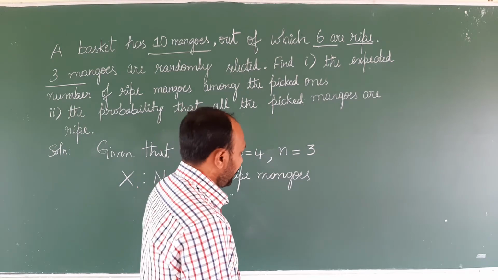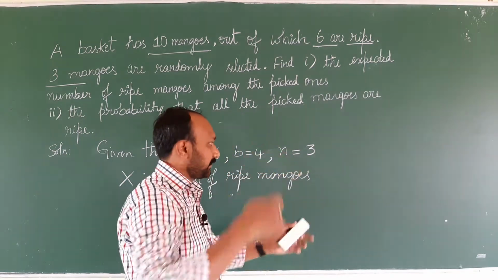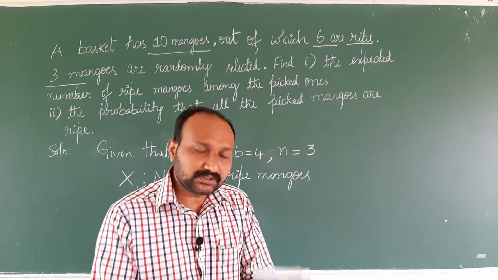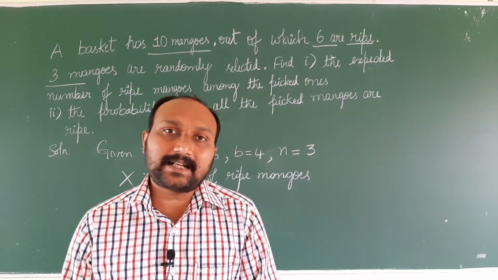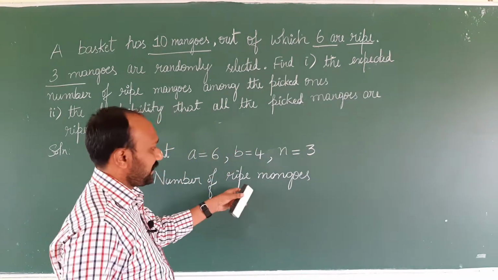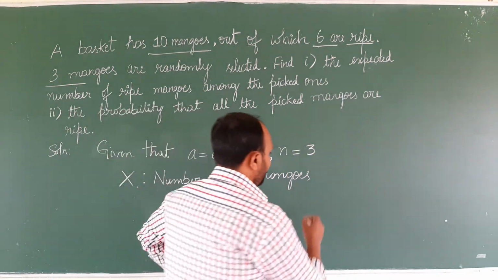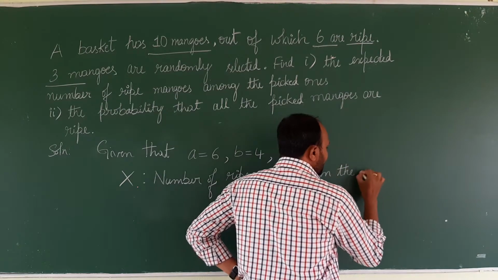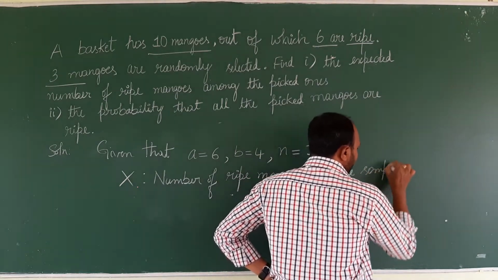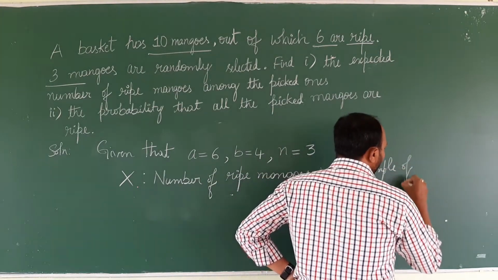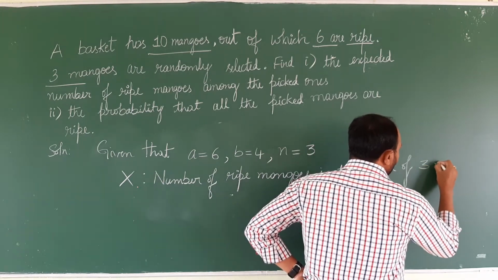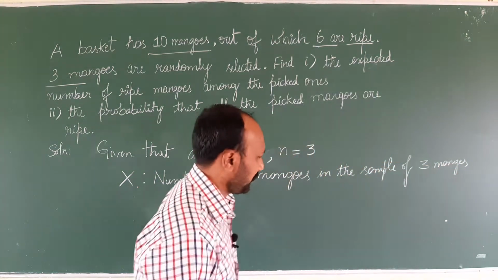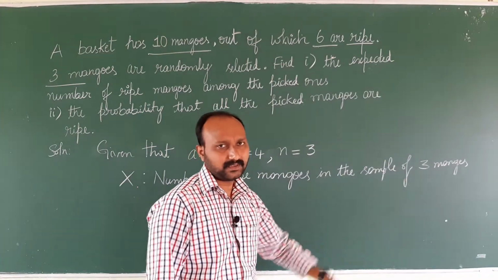From how many are we selecting? There are only 3 mangoes in the sample. Among those 3 mangoes, how many of them are ripe? So X indicates the number of ripe mangoes in the sample of 3 mangoes, or you can just write in the sample, that's also enough.